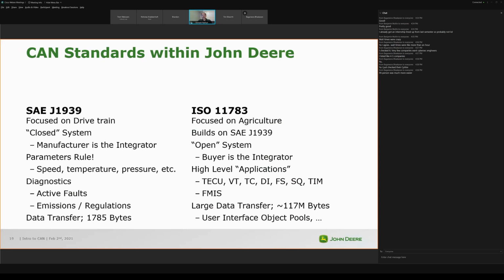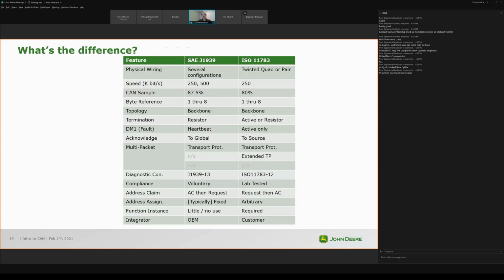So that's a huge difference. And we use that to transfer data to screens or displays with various objects of the equipment and what you want to display. So here are a few of the differences that you could see.